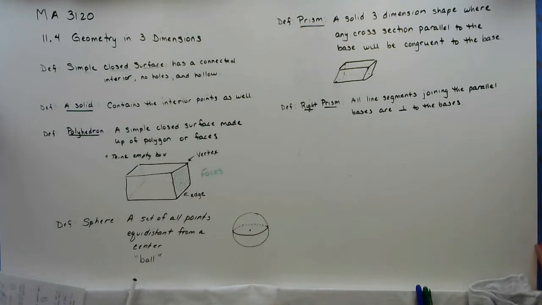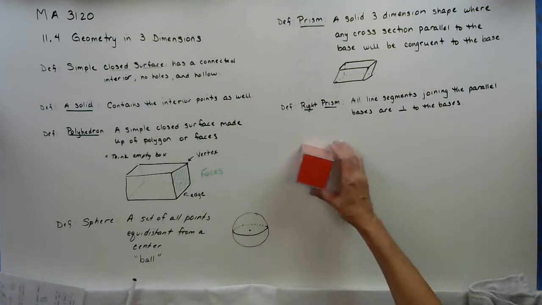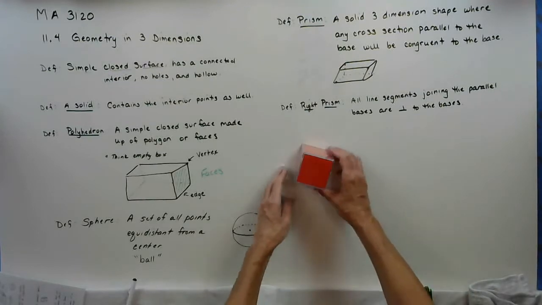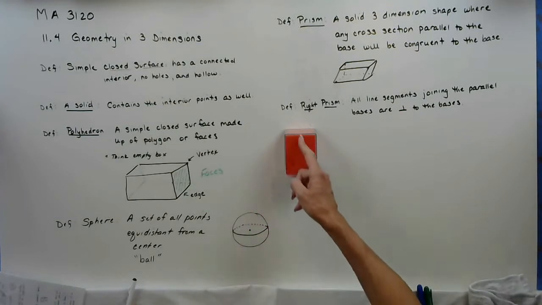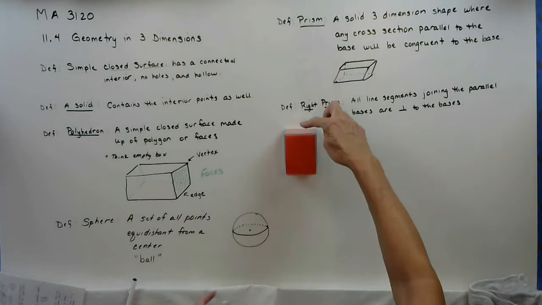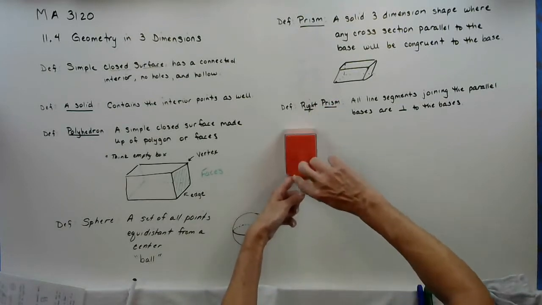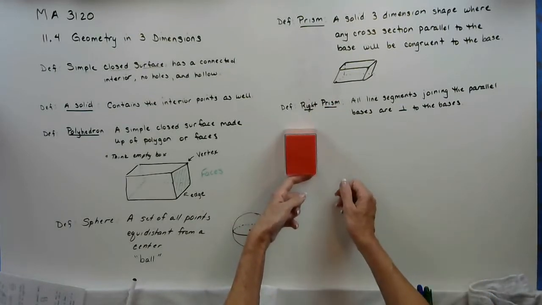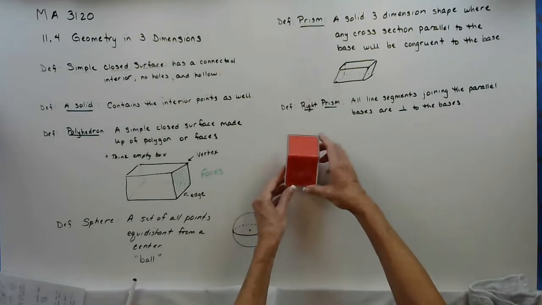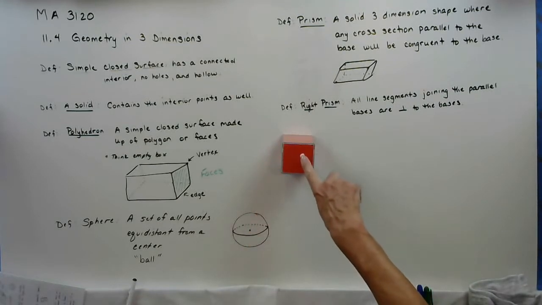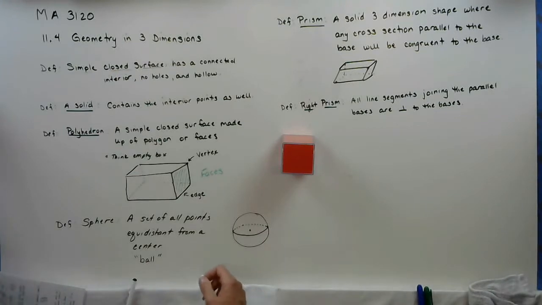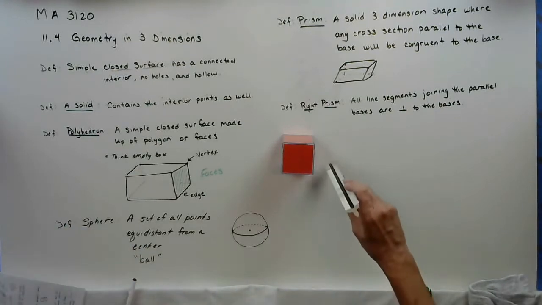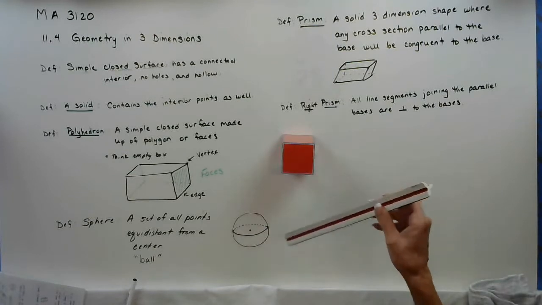Here is an example of a right prism, where every single line I draw from base to base, if these two are the bases, would be perpendicular to each base. If I turn it and use this square as the base and the other square as the base, every single time I cut it, I'm going to get lines that are absolutely perpendicular. So that's called a right prism.